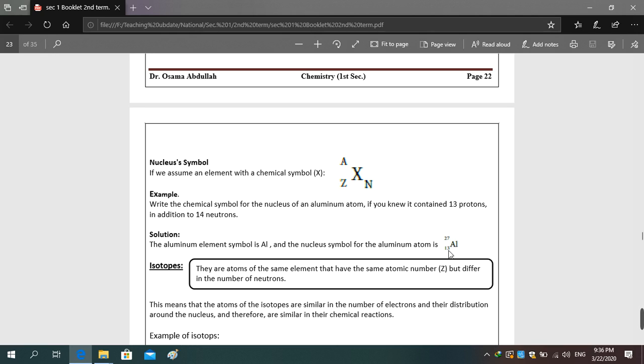We can conclude the number of neutrons, which is 27 minus 13 equals 14 neutrons. So aluminium has 13 protons, 13 electrons, and 14 neutrons.